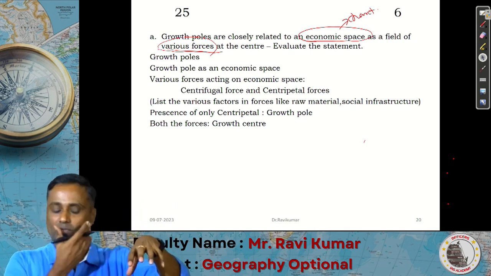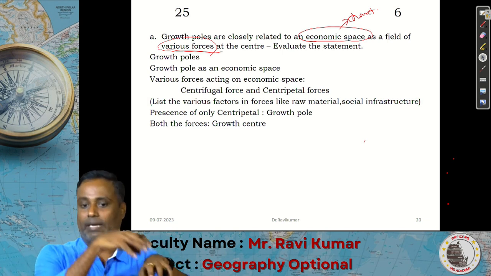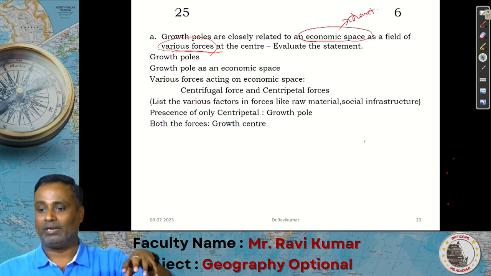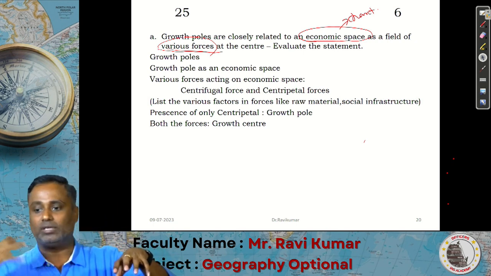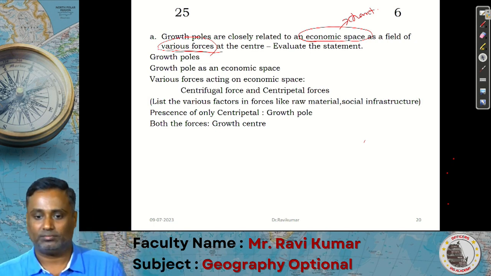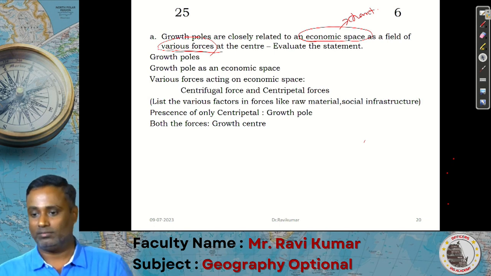It means that towards the periphery, how this industry, this economic space, influences the periphery. And the second force, the centripetal force, is how the outside influences the industry in the economic space. This is indirectly asking about the various factors influencing, the various forces at the center.